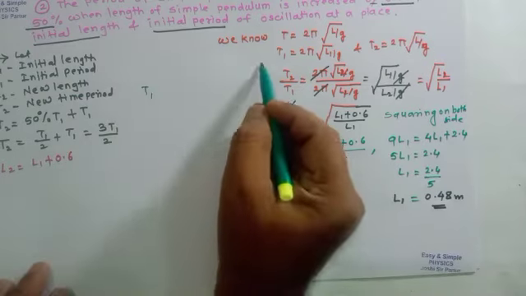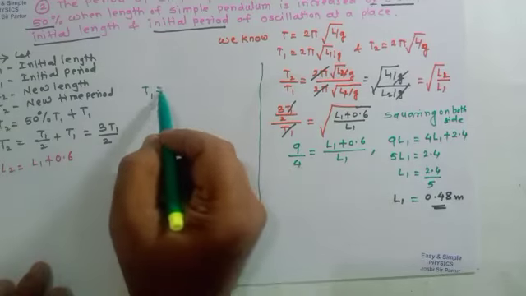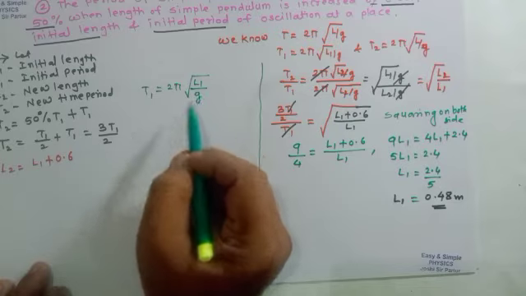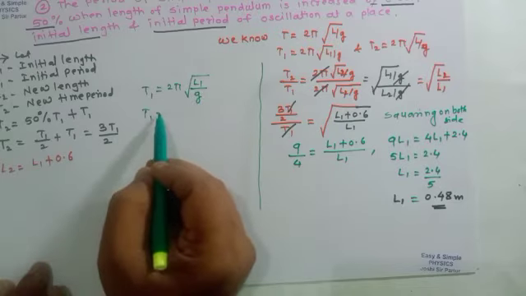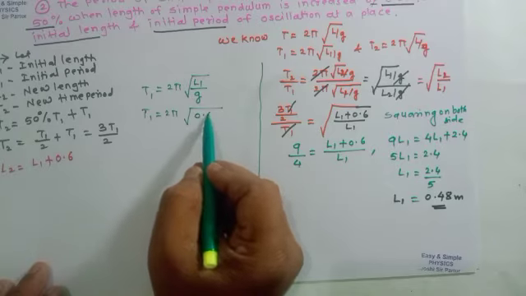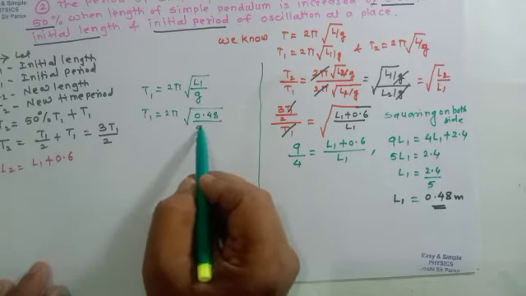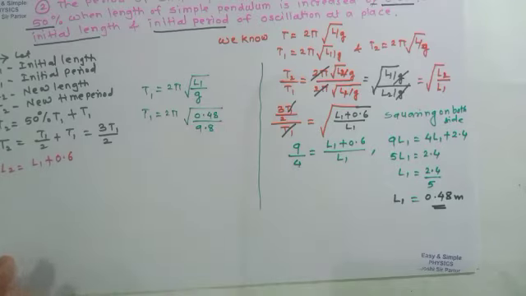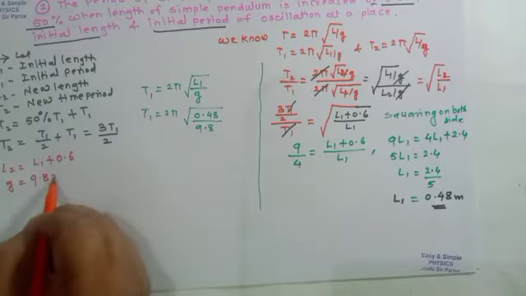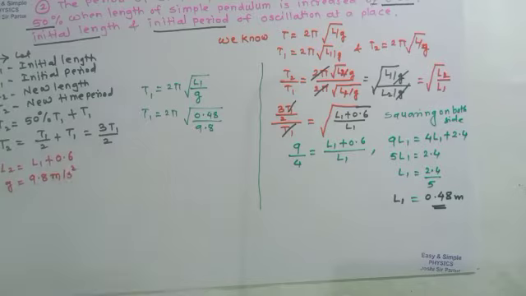So T1 is equal to 2 pi square root of L1 upon g. So T1 is equal to 2 pi square root of 0.48 upon 9.8, because we know that the value of g is 9.8 meter per second square.